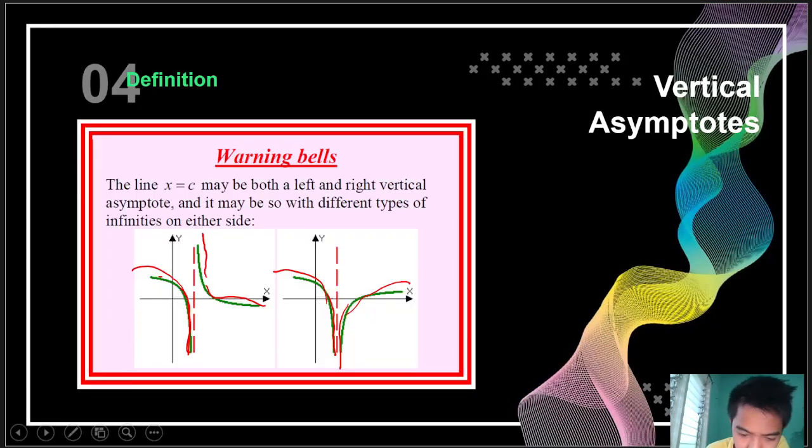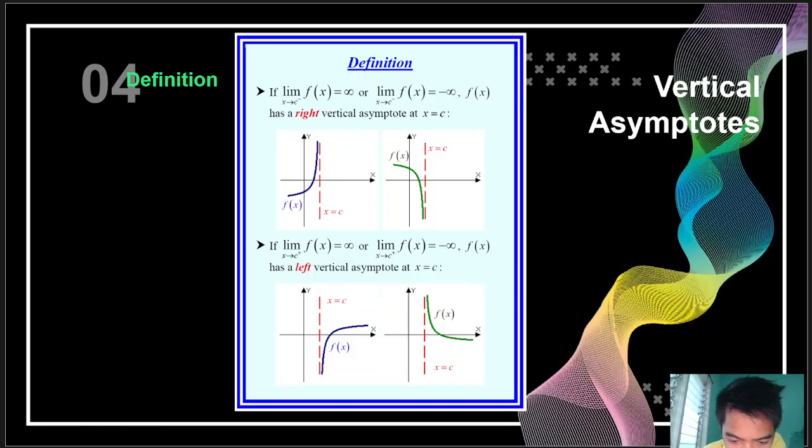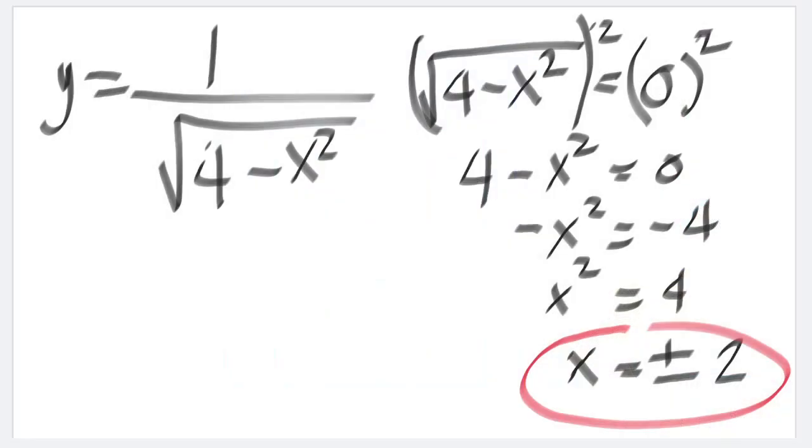Now, according to what we have learned a while ago, this definition would test whether these values would satisfy the vertical asymptote of this function.